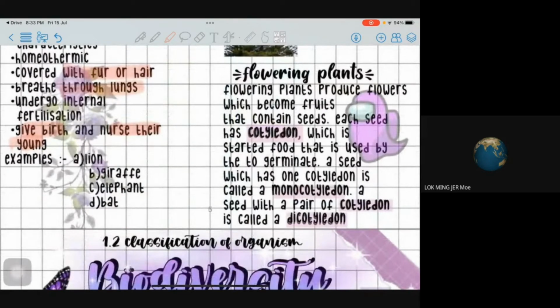Okay, and then you learn about flowering plants, which we have monocotyledon and dicotyledon, correct? Mono is one, and dicotyledon is two or more.